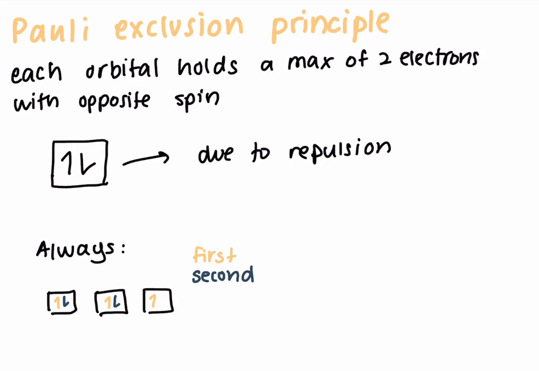The next principle we need to know is the Pauli exclusion principle. This basically states that each orbital holds a maximum of 2 electrons with an opposite spin. Now this is something new. An opposite spin, we basically write our electrons, so this is one electron and this is another electron. The reason we write opposite spin and we write our electrons like this is because of repulsion.